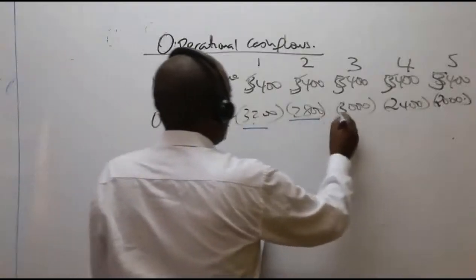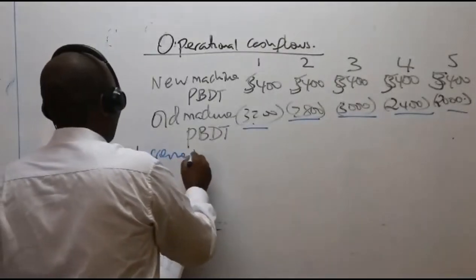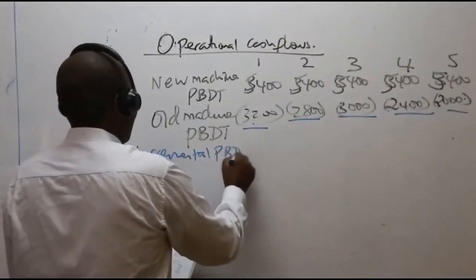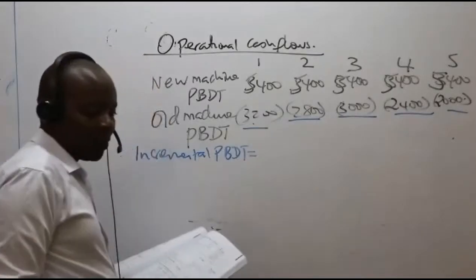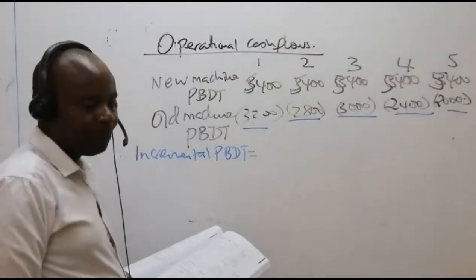Is there somebody who is able to give us that incremental PBDT? What figures do we have, somebody here? The first one, 5,400 minus 3,200.